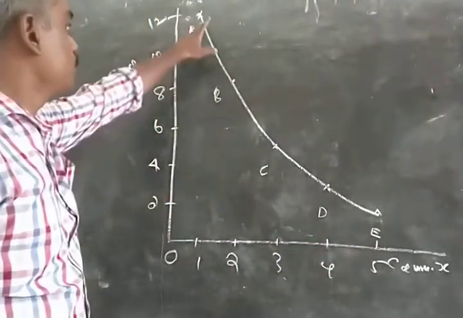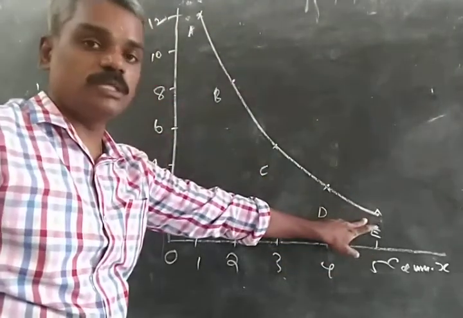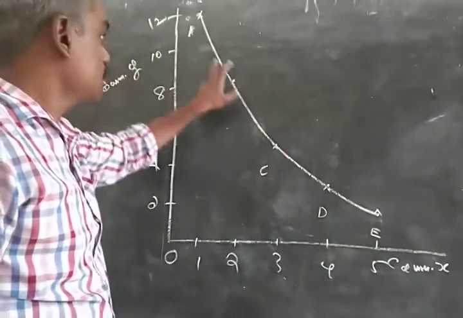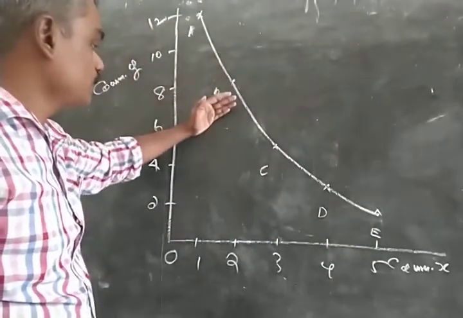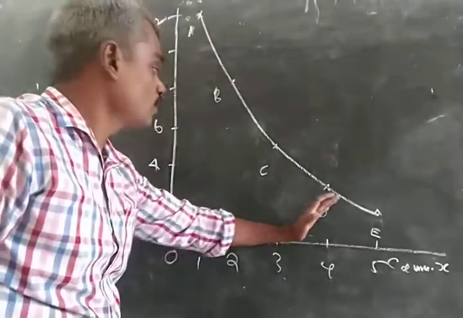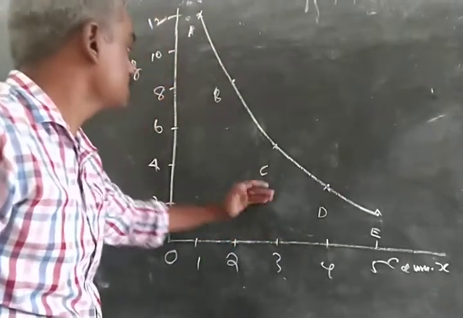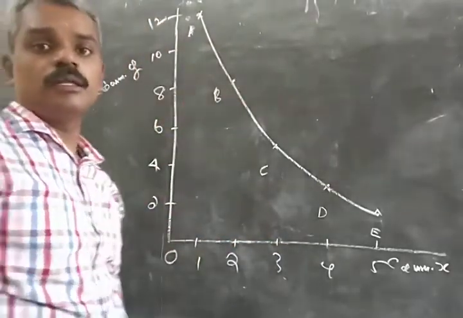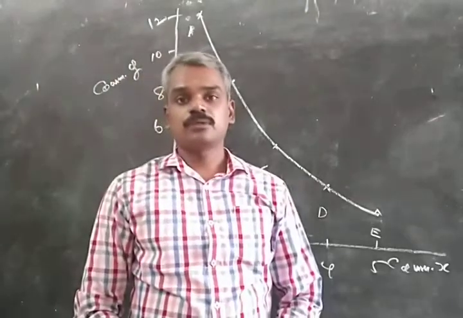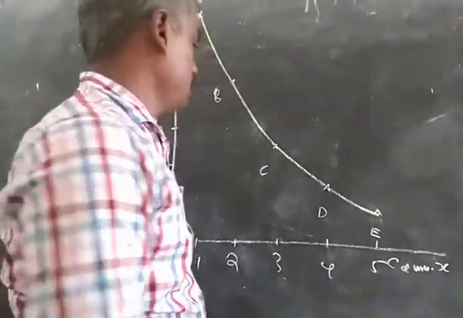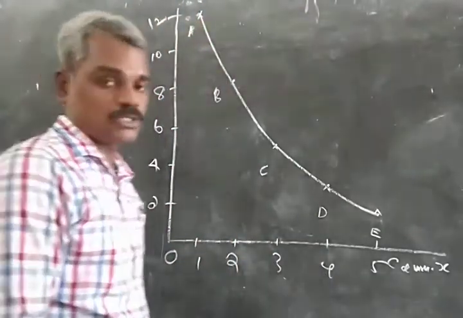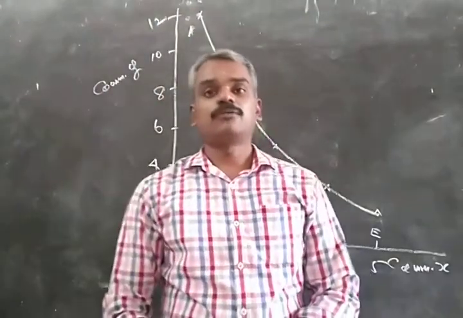Similarly, we will be indifferent along any point on this indifference curve, because every fall in y is compensated by an increase in x, or every fall in x is compensated by an increase in the number of y consumed. So the consumer is ultimately indifferent between any of these combinations, and therefore it is called an indifference curve.